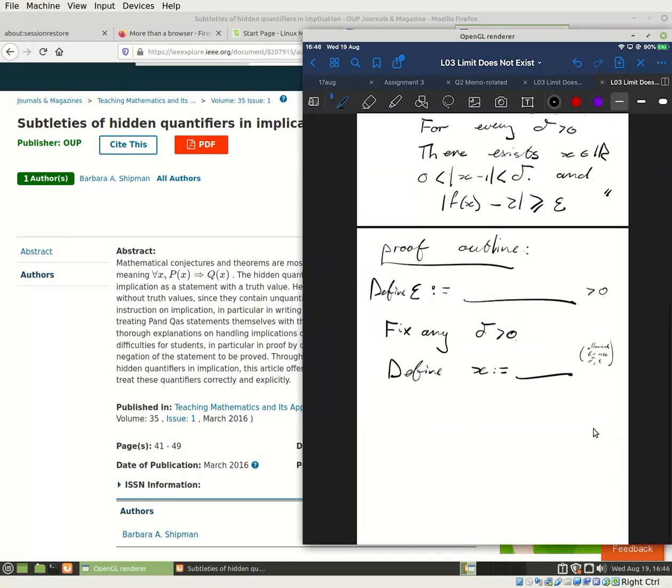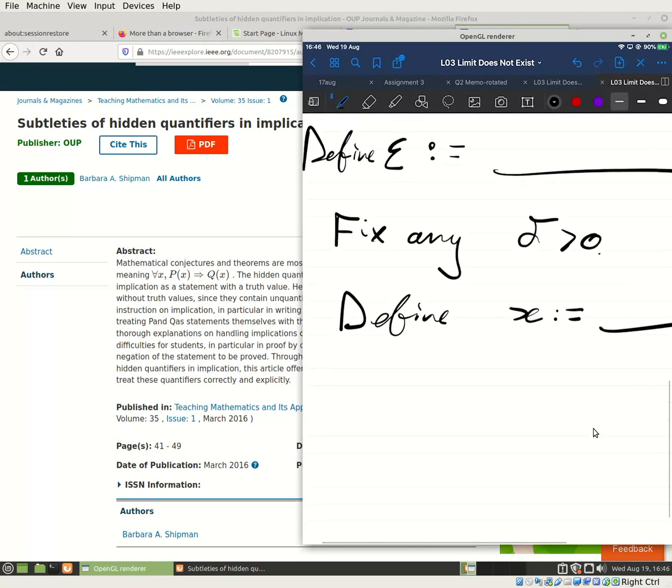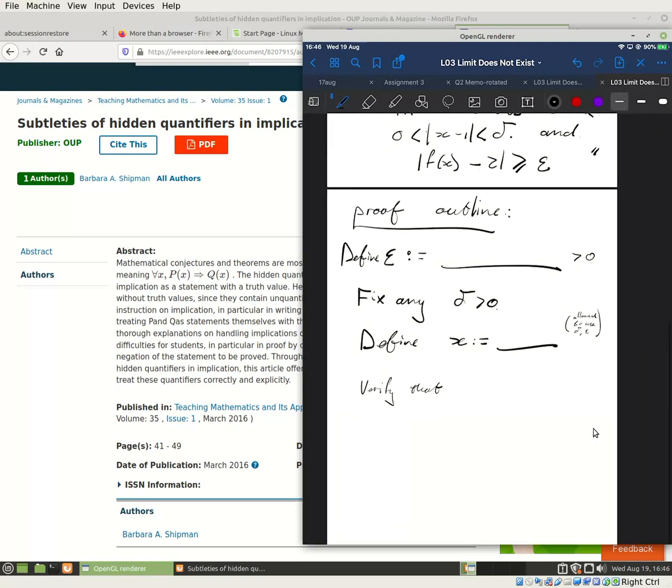And now we need to verify that two things hold.